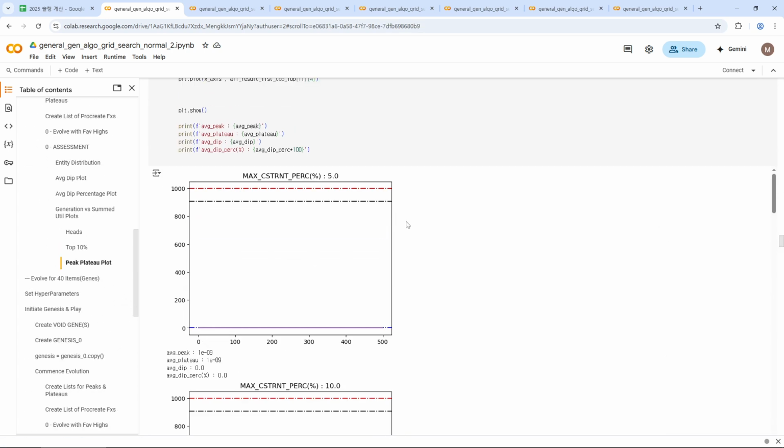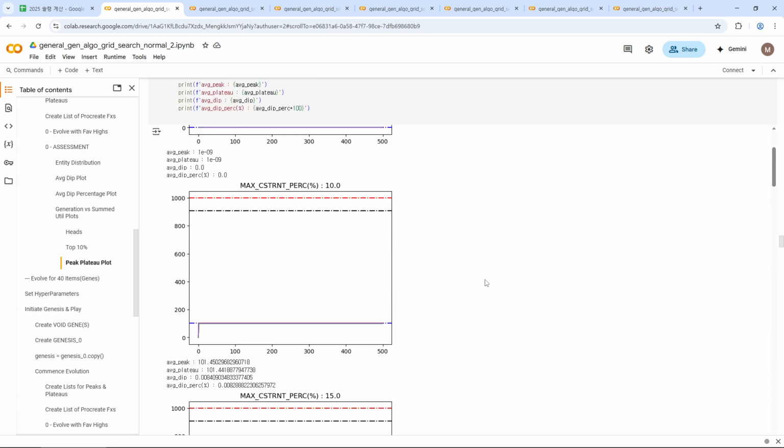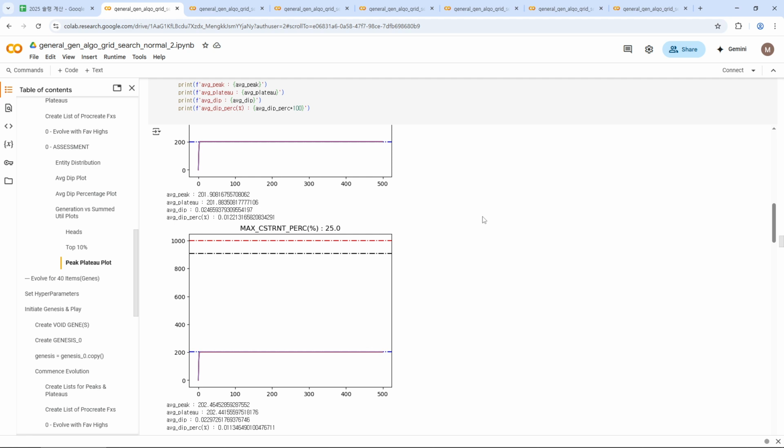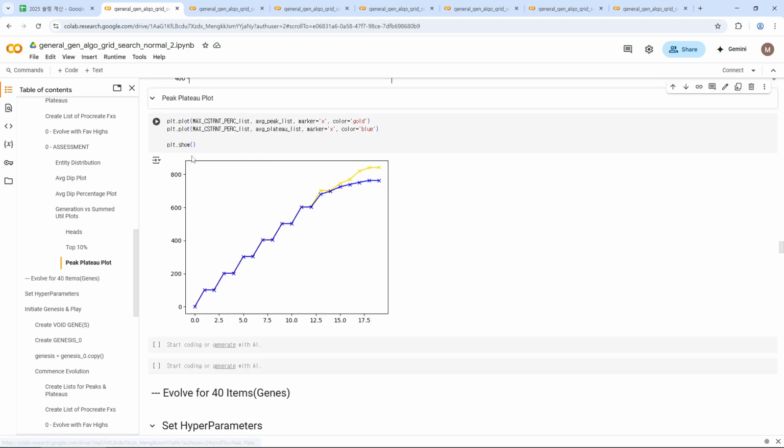These we've seen many times by now, but the last one, the peak plateau plot, will show us how the peaks and the plateaus progress over the maximum constraint percentage, and eventually how they diverge.